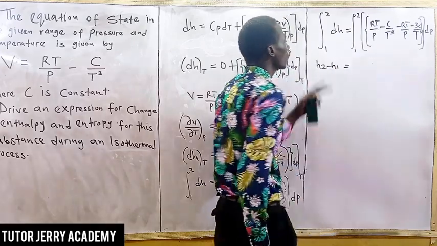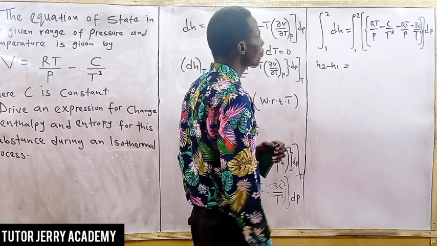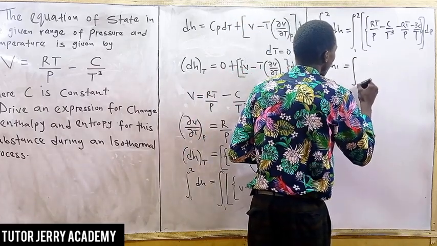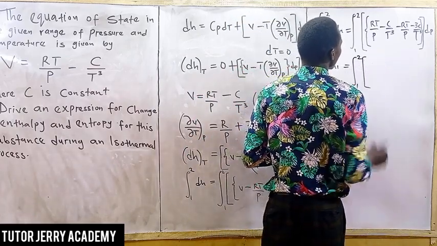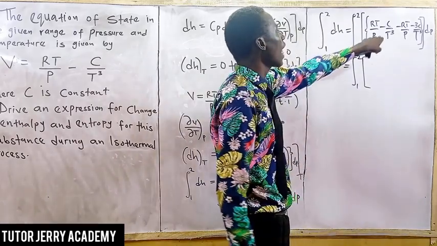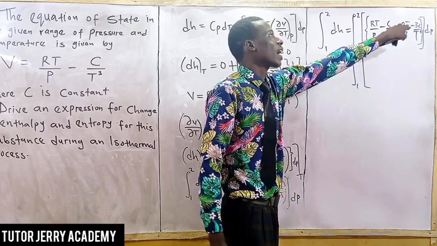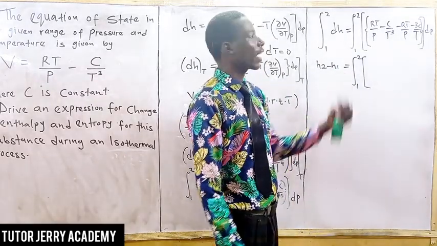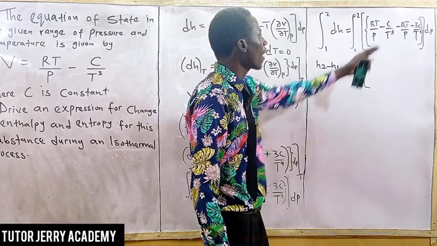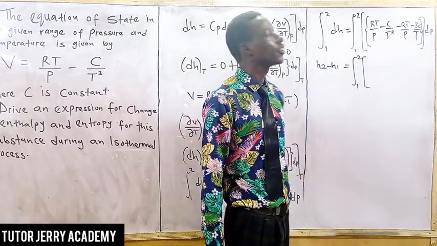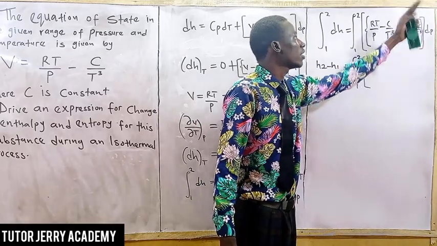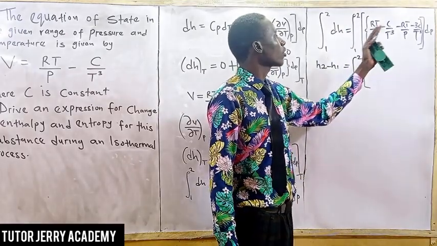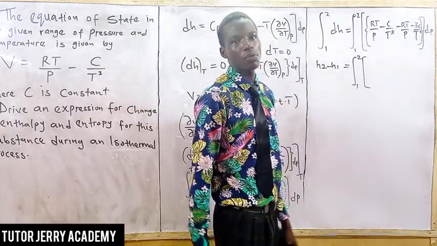From here we can now have the integral from 1 to 2 of the bracket, where we have RT over P minus RT over P, which can cancel out, equal to 0. We are left with minus C over T to the power of 3 minus 3C over T to the power of 3. If we simplify this, we are left with minus 4C over T to the power of 3.